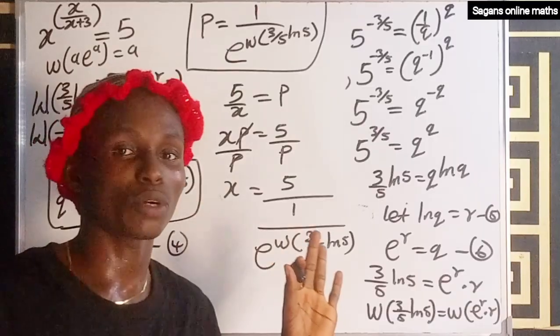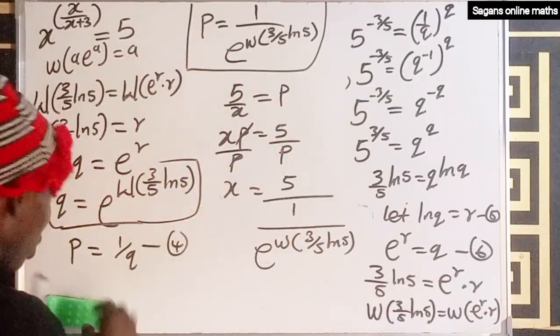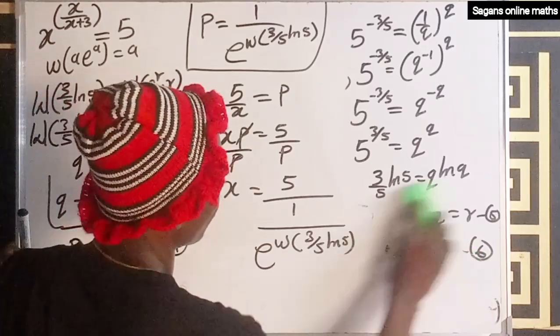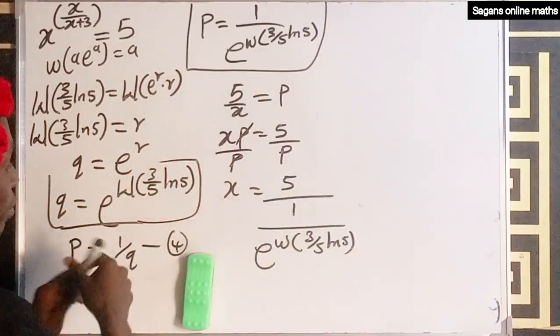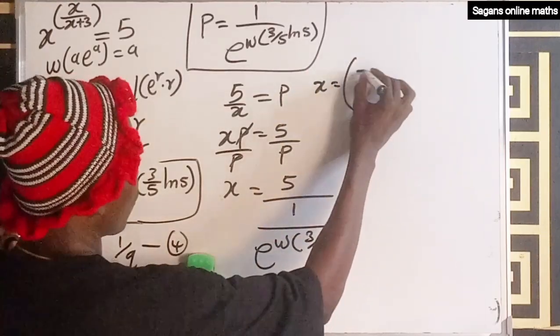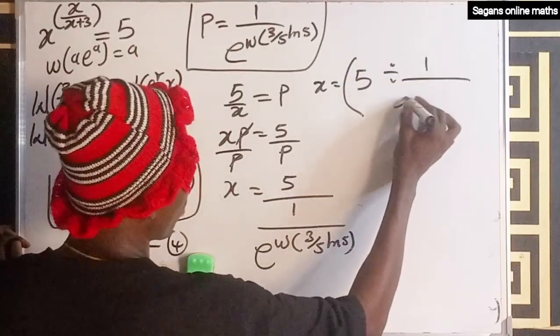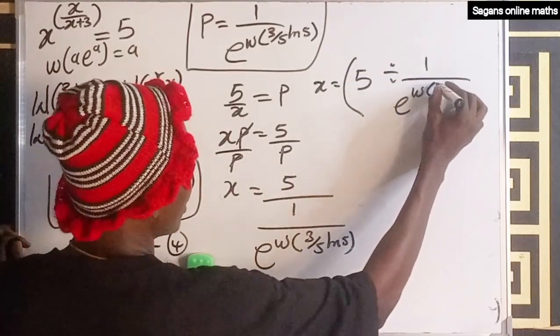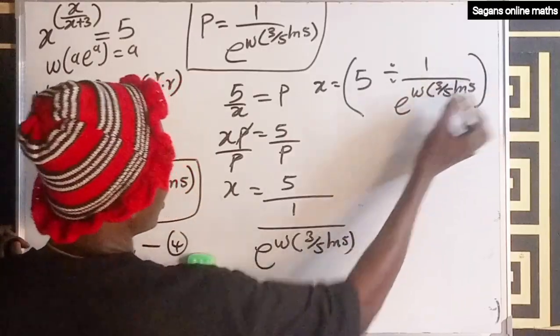I can leave it in this form and it's correct, but let me simplify it to the lowest term so that everybody can understand it. So x is equal to parenthesis 5 divided by 1 all over e raised to the power of the derivative function of 3 divided by 5 ln 5.